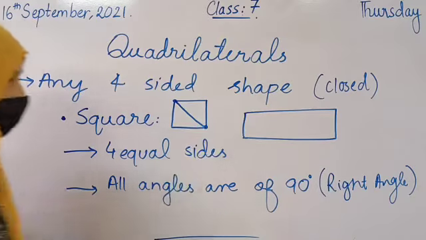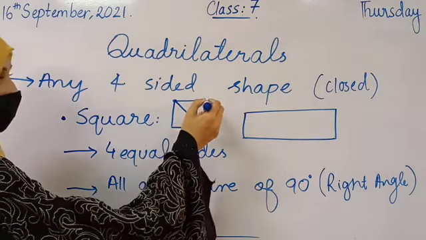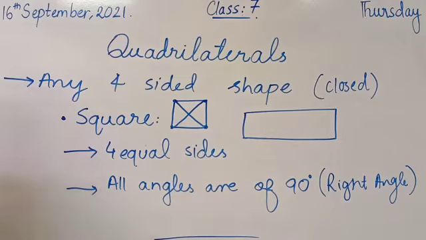For example, this is a diagonal line and this is also a diagonal line. The two diagonals are equal in length and they bisect each other. What does bisect mean? The word bisect means to cut into two equal halves.